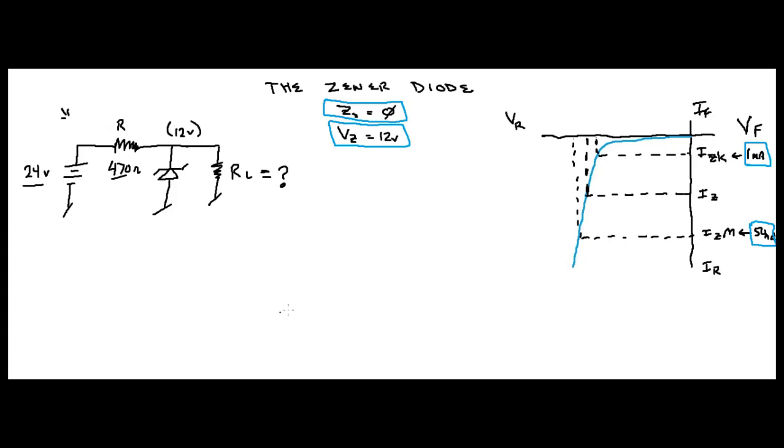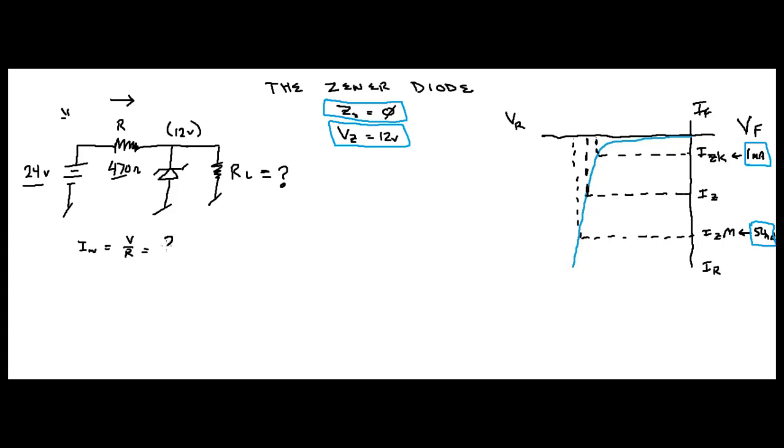All right? IZK is 1 milliamp and IZM is 50 milliamps, right? So let's just think about this right now, okay? We want to figure out the current coming in, don't we? So what's your current coming in? I in is going to equal V over R. This is your voltage drop.